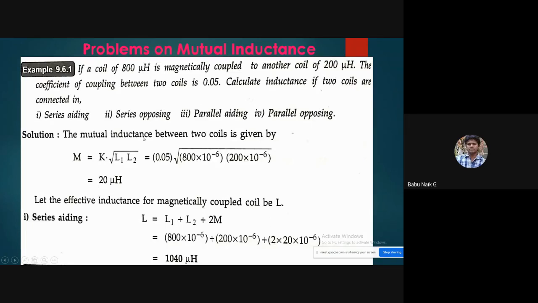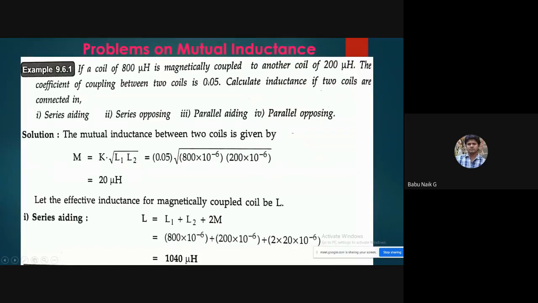Okay, so now you can calculate the mutual inductance between these two, having inductances L1 and L2, which are given in the problem here. That mutual inductance M is equal to the coefficient K under root of L1 and L2.